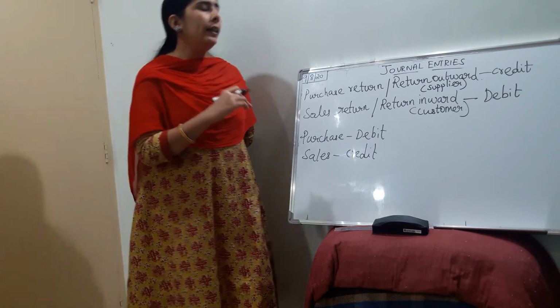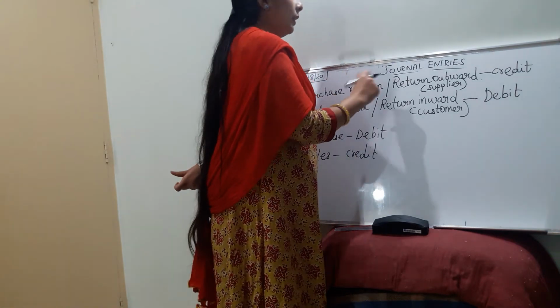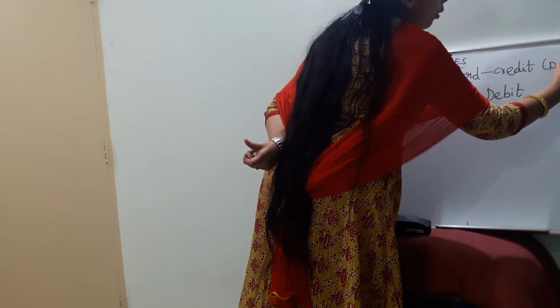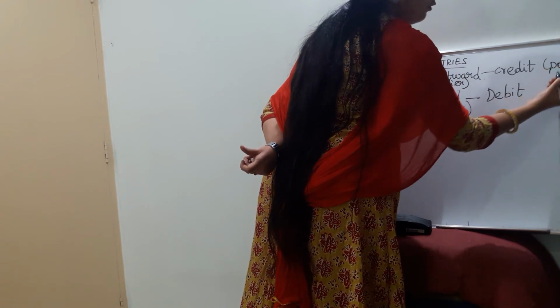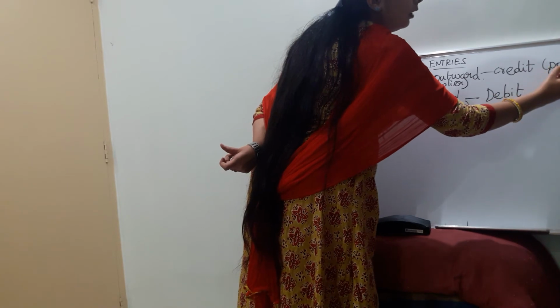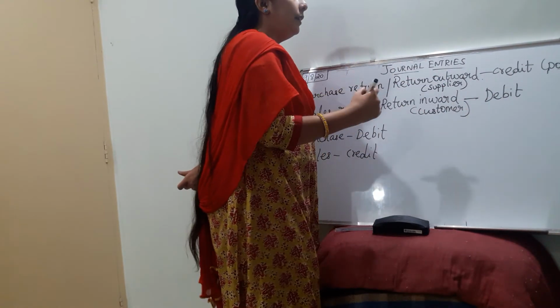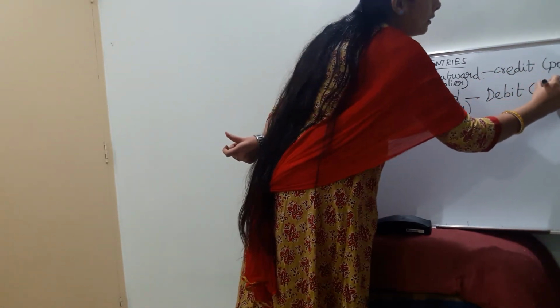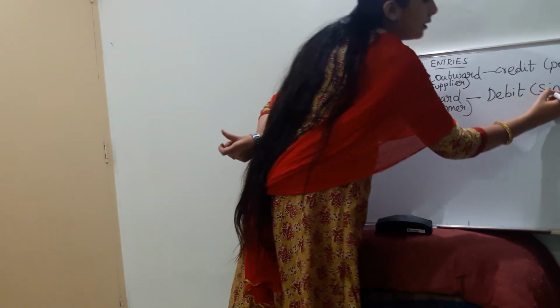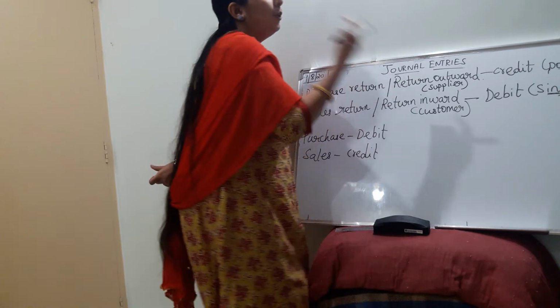I can tell you a small hint for remembering the other name for purchase return. You can just remember it as POT. P stands for purchase, outward. Since it is outward, I have taken the word OT out of this, so you can remember it as POT. And the sales return, you can remember it as SIN. S stands for sales, IN stands for inward.